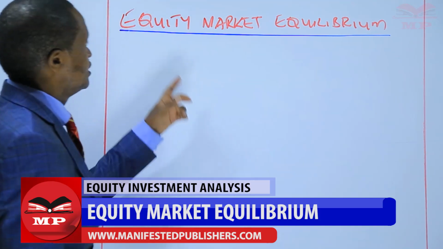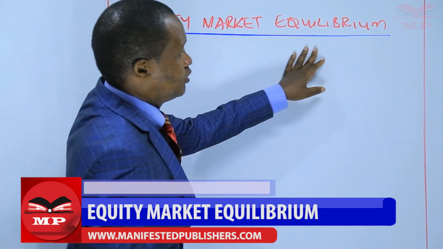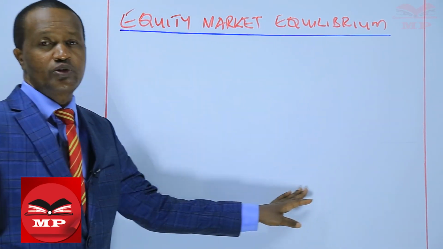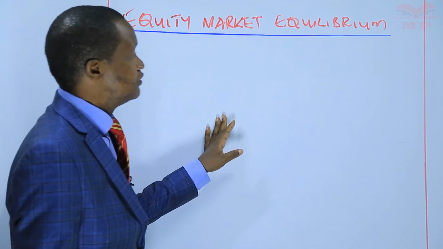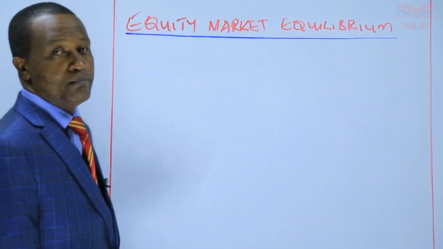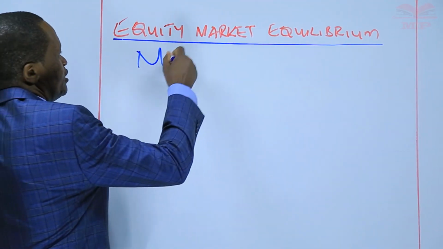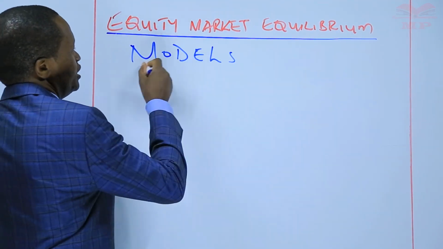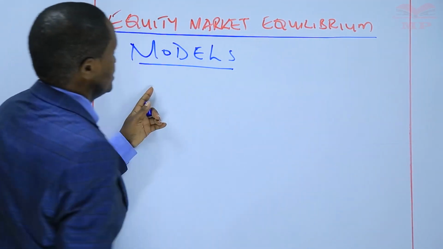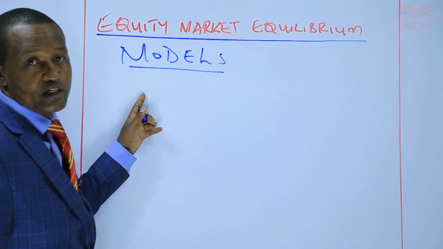This topic, equity market equilibrium. In our today's lesson, we continue with the discussion of the equity market equilibrium models. In our last lesson, we covered the Greenwald-Kroner model.